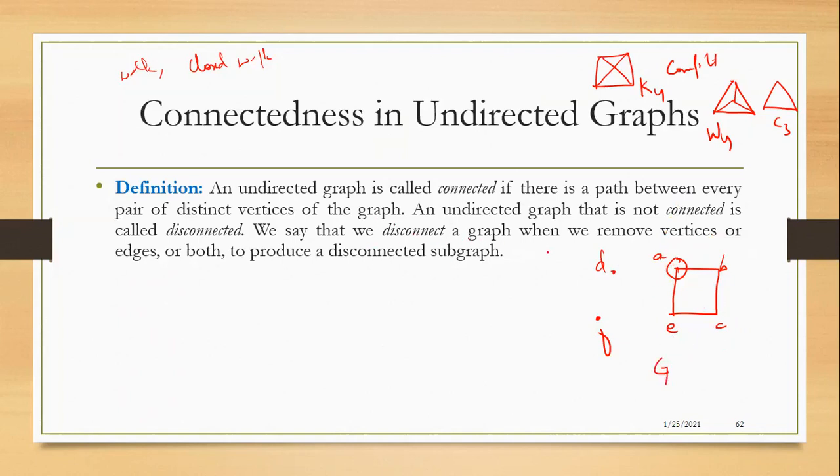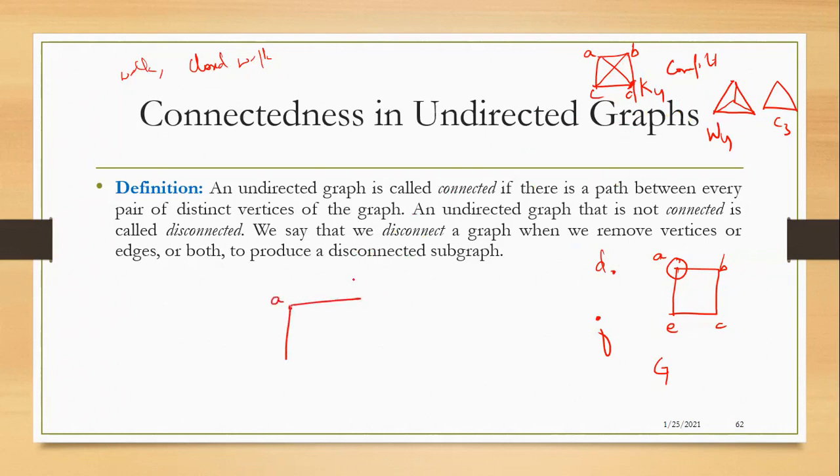Now we see that we disconnect a graph when we remove vertices or edges or both to produce a disconnected subgraph. Suppose from this graph I name the vertices again A, B, C, D. If I remove the vertex D from this graph, then all the edges connecting to D will also be removed.